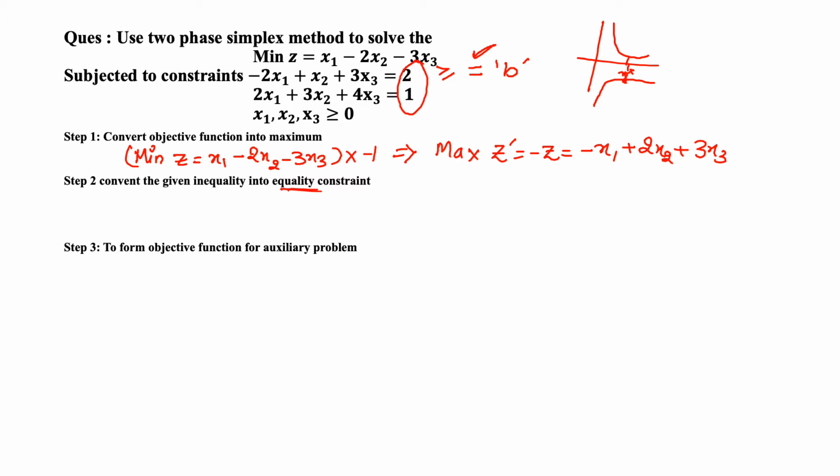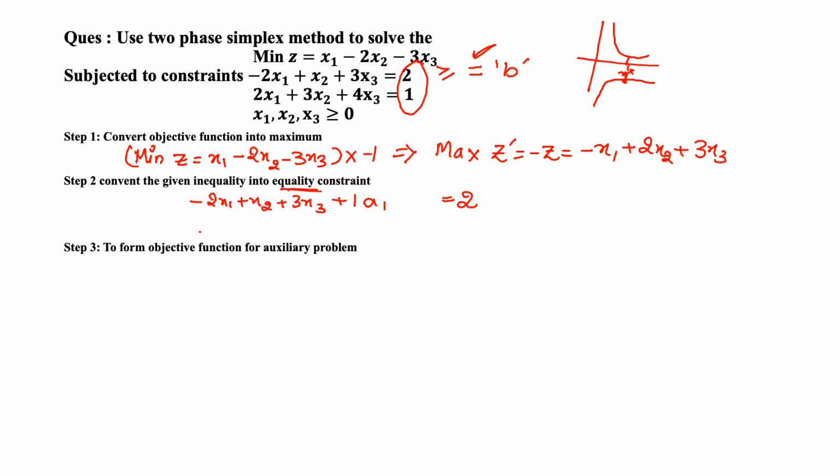Why are we using artificial variables? To convert our basic matrix into identity matrix form. My first constraint equation is -2x1 plus x2 plus 3x3, and I will add one artificial variable, a1, which will make my equation equal to 2.